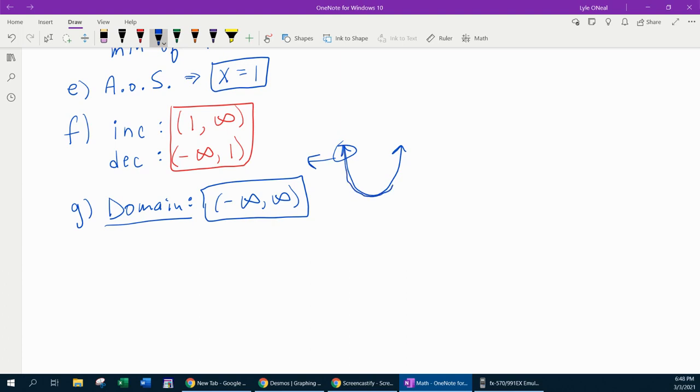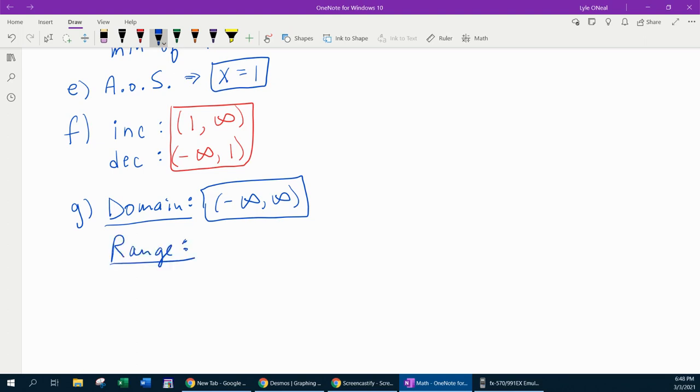It's never going to have a point of discontinuity, which means it's going to be continuous. And then it's going to continue to the right forever. So just remember the domain of any quadratic function or polynomial function for that matter is all real numbers. Negative infinity to infinity is the interval notation for all real numbers.